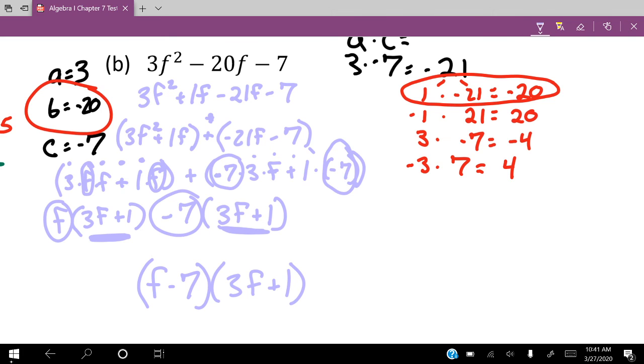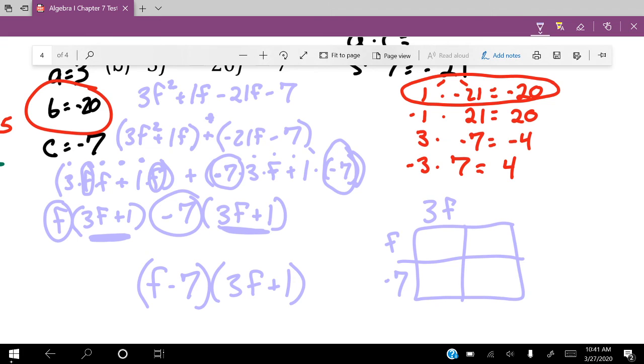And as always, it is good to check your work. So we're going to go ahead and do f minus 7 times 3f plus 1. So 3f times f is simply 3f squared. 1 times f is simply 1f. Negative 7 times 3f is simply negative 21f. And negative 7 times 1 is negative 7.